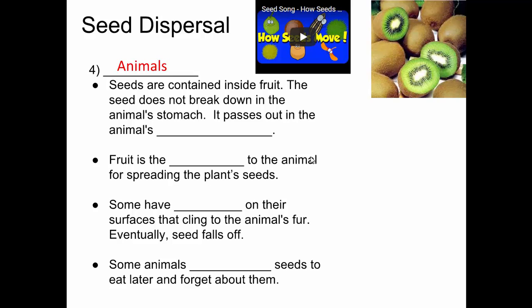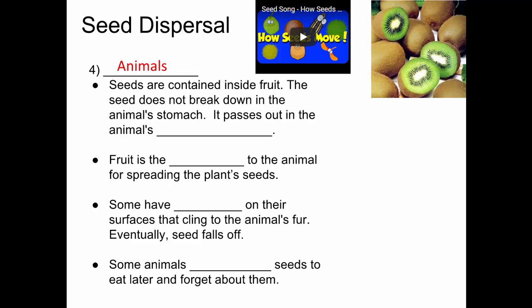Three's on that side. So animals often help in seed dispersal, and it can happen in a couple ways. Often seeds are inside of fruits, and as an animal eats the fruit, because they're full of sugar and starch, and a good source of food for lots of animals, they also consume the seeds.